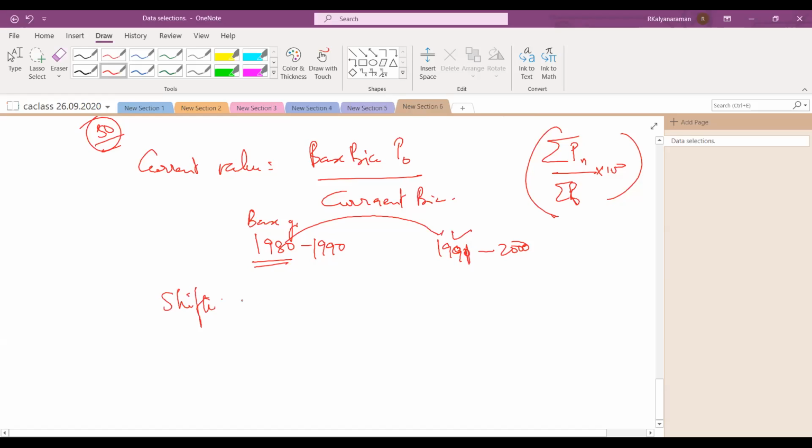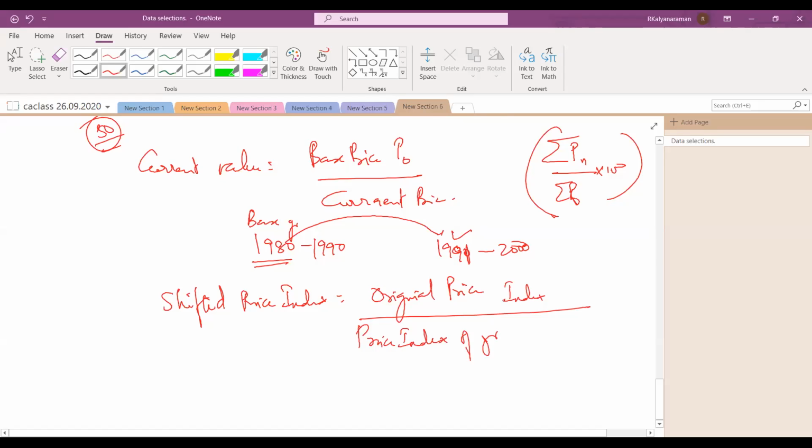The shifted price index is the original price index by the price index of the year to which it is shifted, into 100.